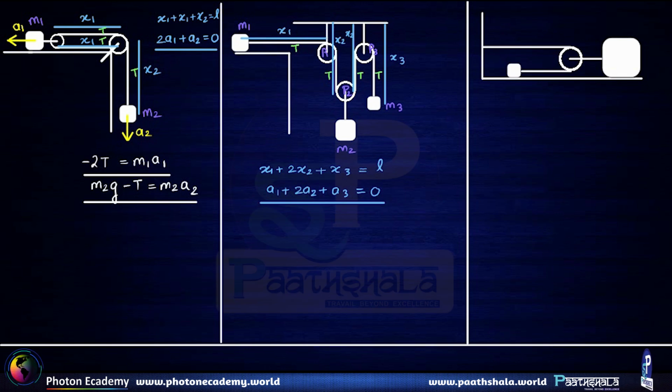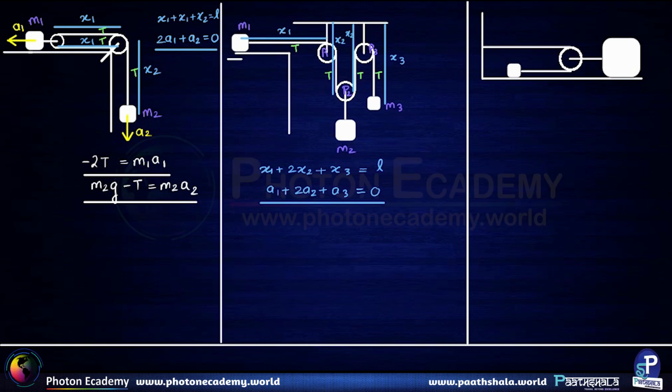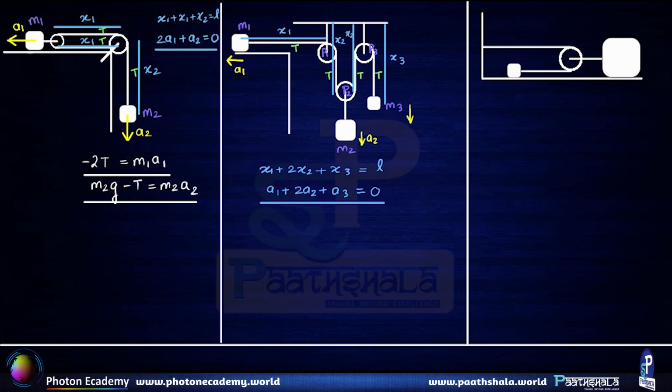Now for the other two equations, for the mass m1, we have to assume that the acceleration is in the leftward direction. This is a1. For mass m2, a2 is down below, and for mass m3, a3 is down below as well.